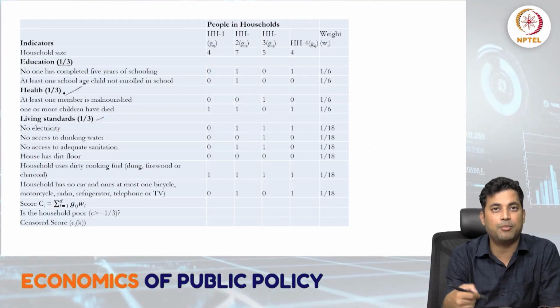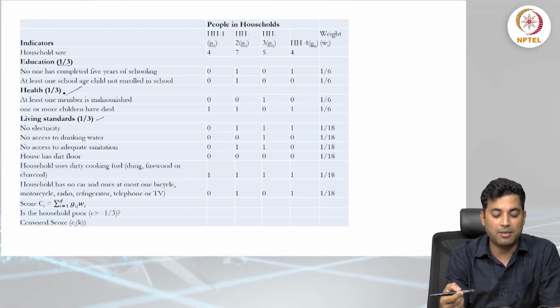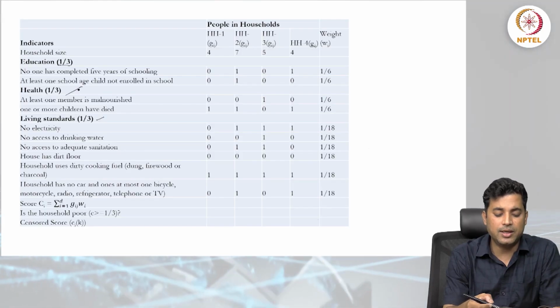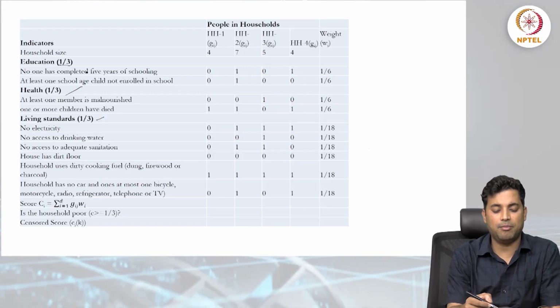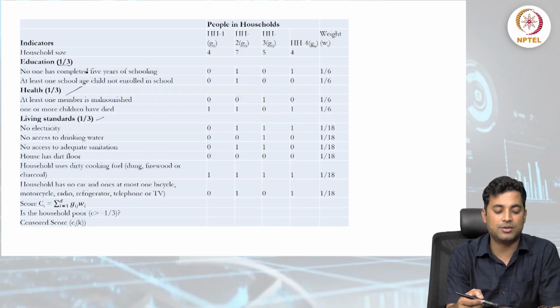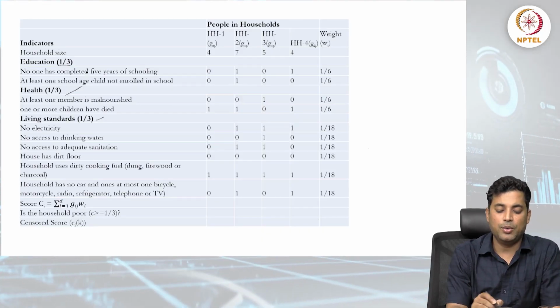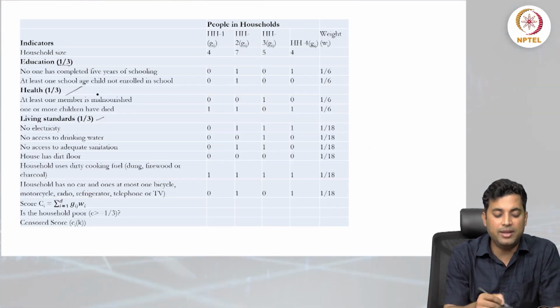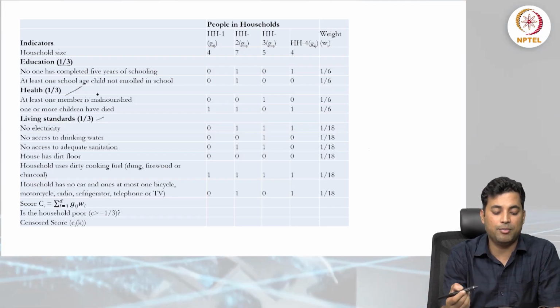So this 1/3 is the weightage for the broad dimensions. And as you see, there are many sub-indicators within the broad dimensions, and we also give equal weight within each broad dimension.